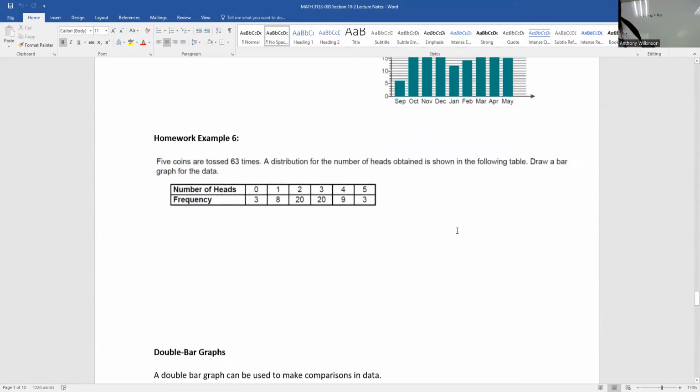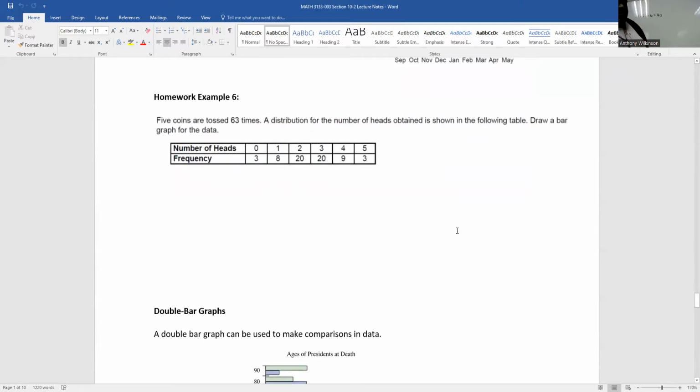All right, example 6. Here we have 5 coins tossed 63 times. A distribution for the number of heads obtained is shown in the following table. And here we want to draw a bar graph for this data.